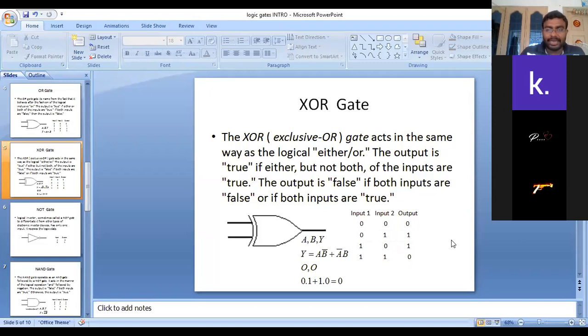This is the logic symbol, and the logical expression for the XOR gate is A bar B plus A B bar. For the remaining cases, output is always high.